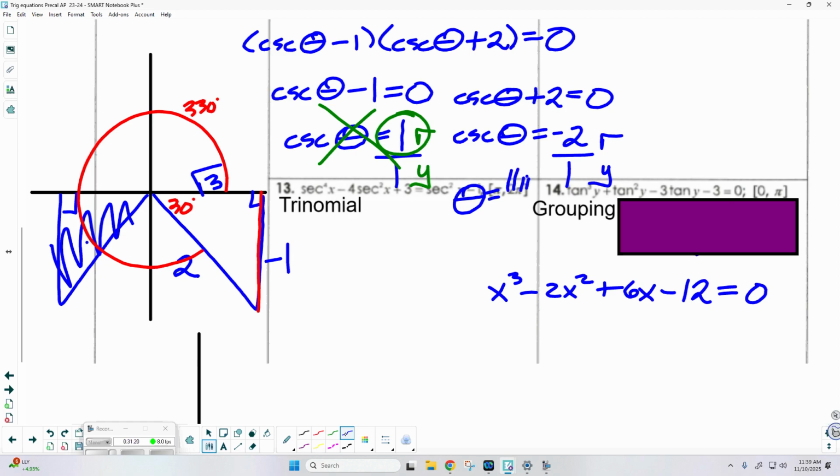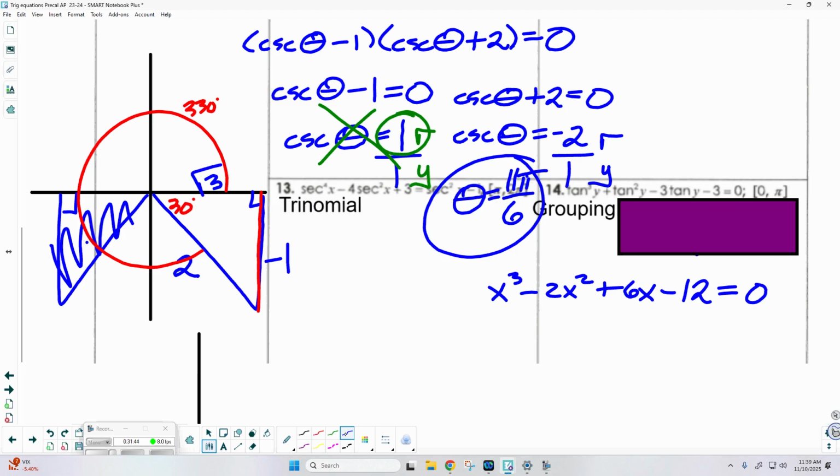Pi over 6. So on that interval, number, what are we on here? 9? Or no, this is 11. Yeah, we skipped a few. It has 11 pi over 6. How are we doing? Is there anybody lost?